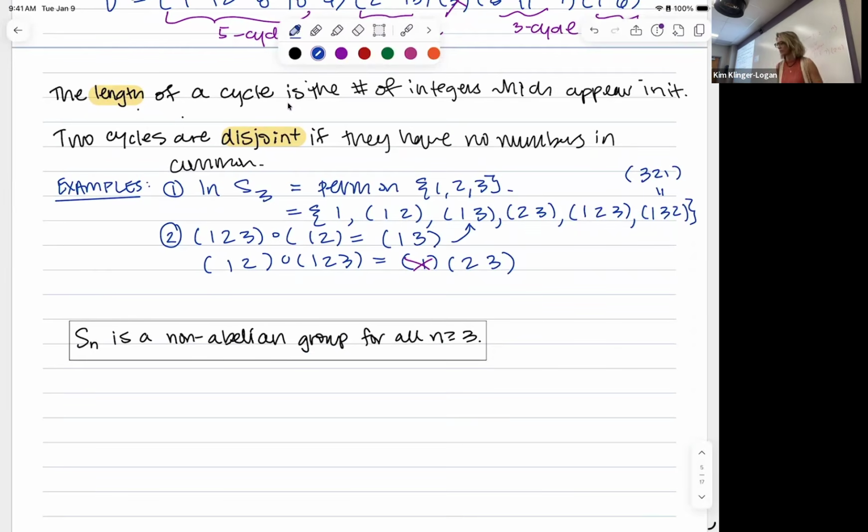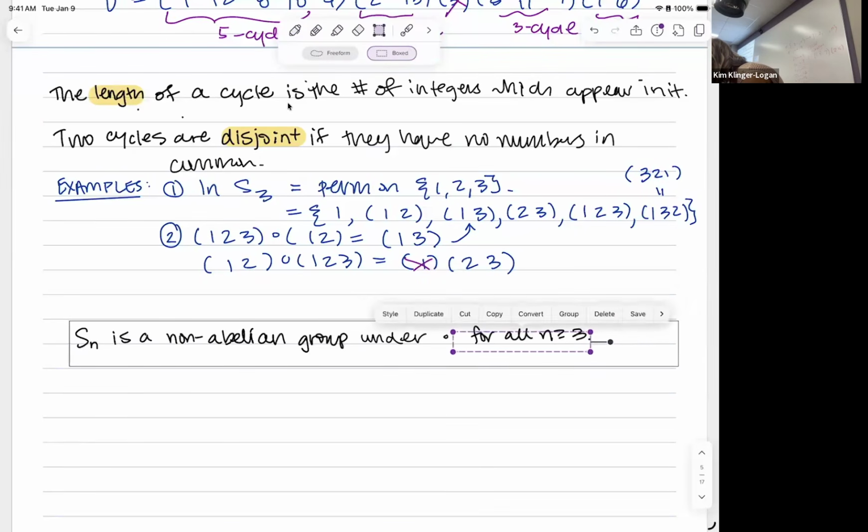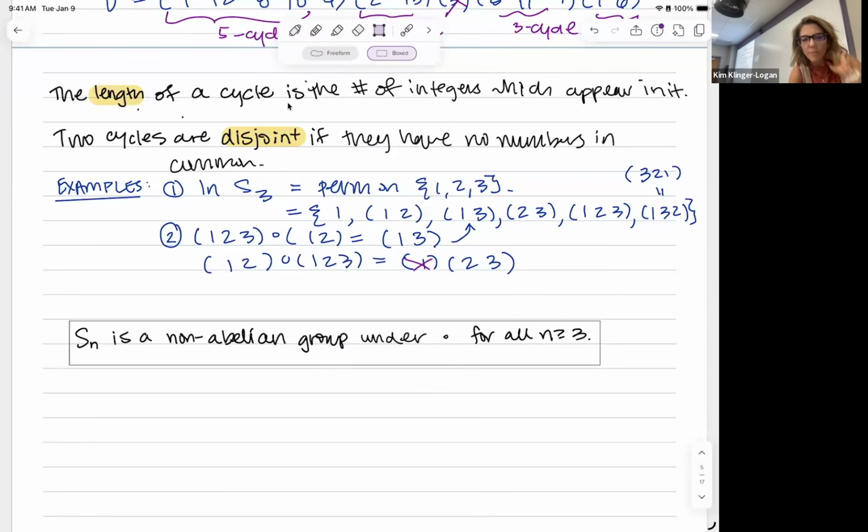So it's a group because it's closed under function composition, just to be extra clear, for all n, but it is not abelian for any of the n's. Okay, great. Questions?